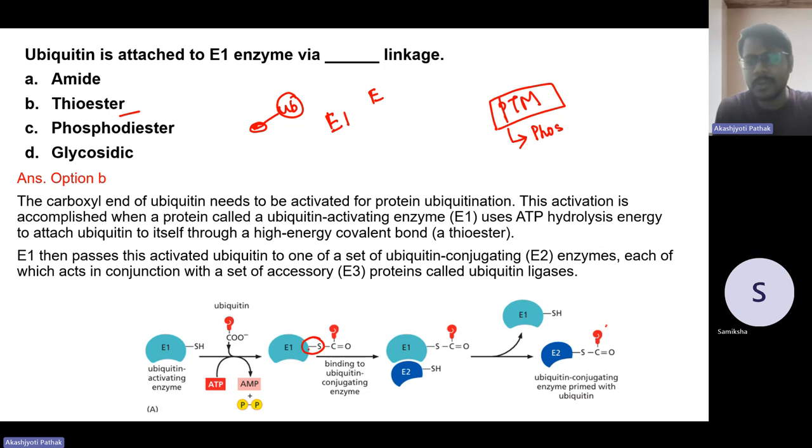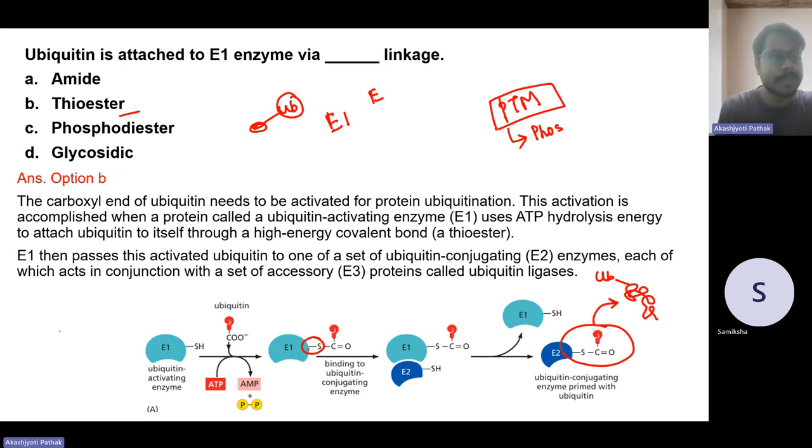Once you have this ubiquitin, this ubiquitin group can be transferred to the target protein. For example, you have a misfolded protein that you have to degrade. Then this ubiquitin group has to be transferred to this misfolded protein. This moiety is transferred to E3 ubiquitin ligase, which will transfer this ubiquitin group to the target protein.